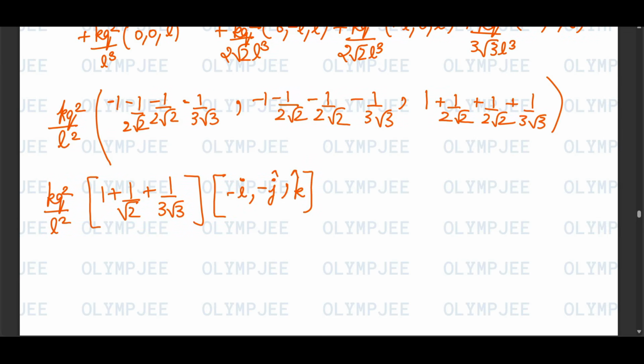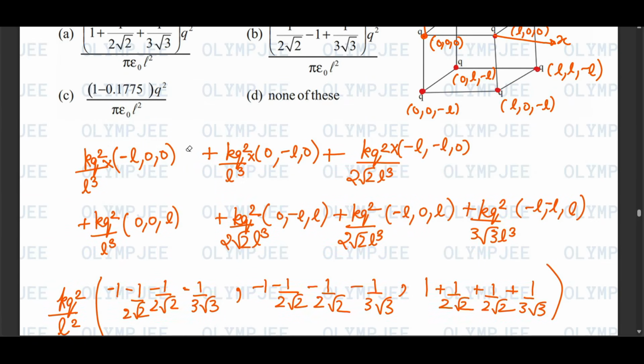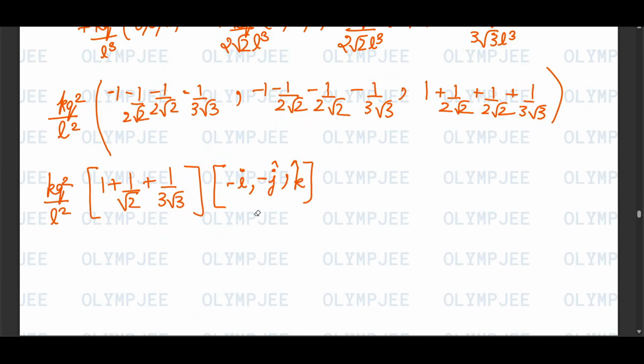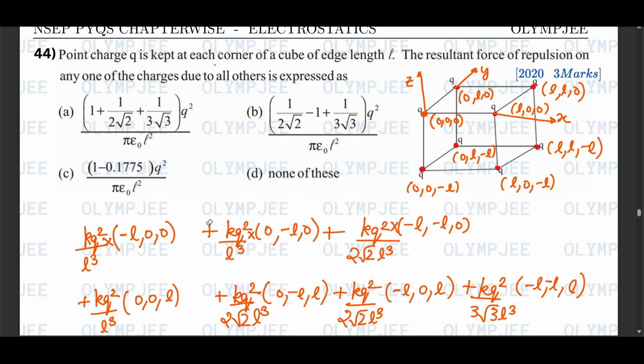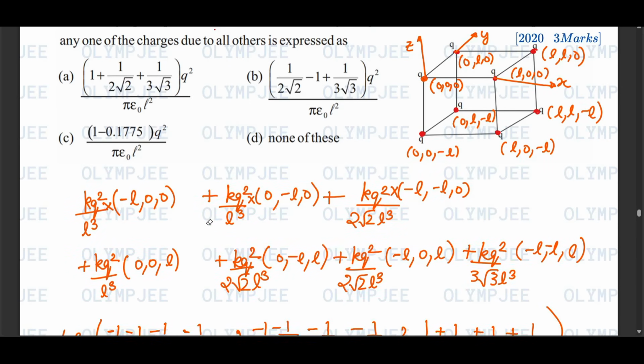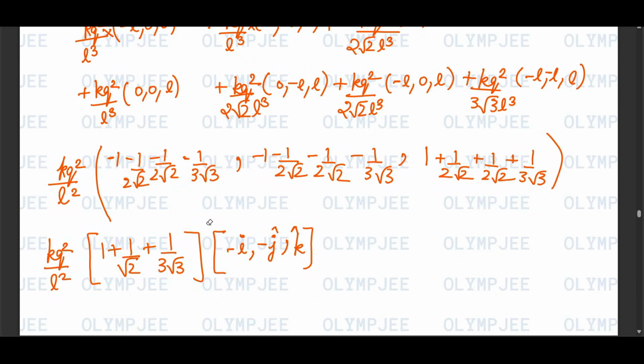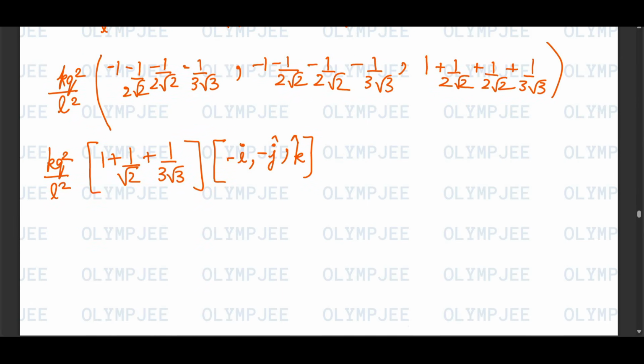So now the question is asking for, it is not asking in terms of ijk, it is asking for magnitude, right? So I need to take the magnitude, so this will become, I am taking the LCM here.